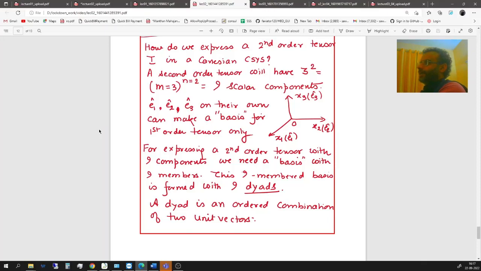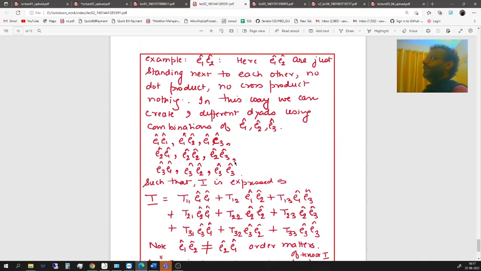A dyad is an ordered combination of 2 unit vectors. Example, E1 hat, E2 hat. Here E1 and E2 are just standing next to each other. There is no dot product. There is no cross product. There is nothing. In this way, we can create different dyads using combinations of E1, E2, and E3.